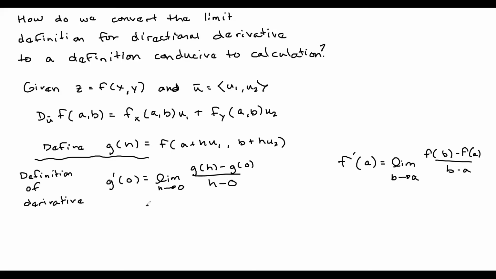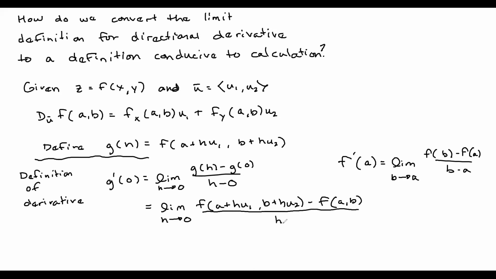And then from there, we could take our definition we have above and pop it in there, right? So that would get you to the limit as h goes to 0 of f of a plus h u1 comma b plus h u2 minus f of a comma b all over h. Okay, so if you plug in 0 for h here, what happens?